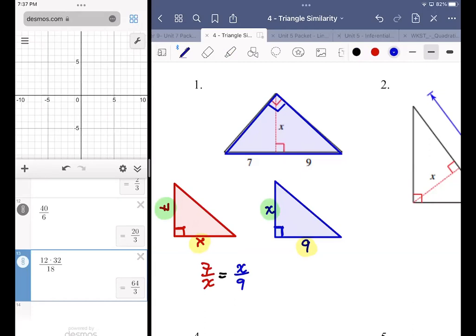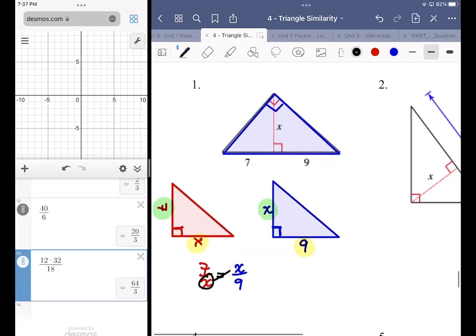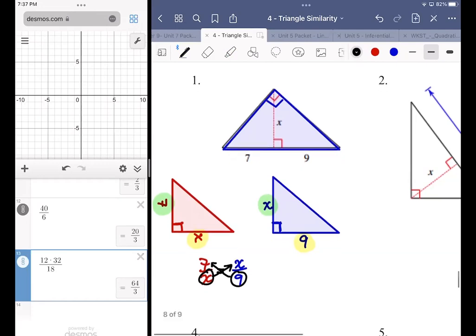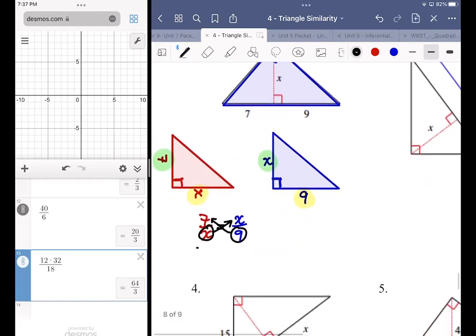Again, we can do the whole regrouping thing where we take the bottoms and shoot them on up to the top. So 7 times 9 is equal to x times x. So 63 is equal to x squared.